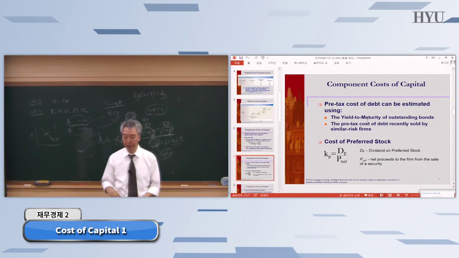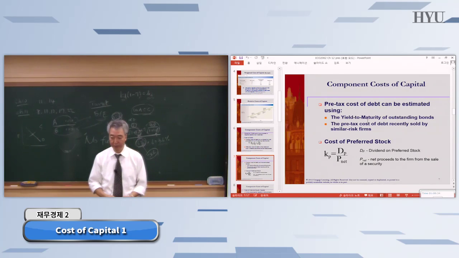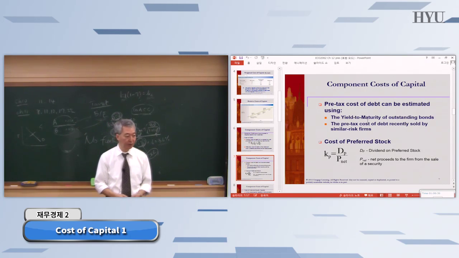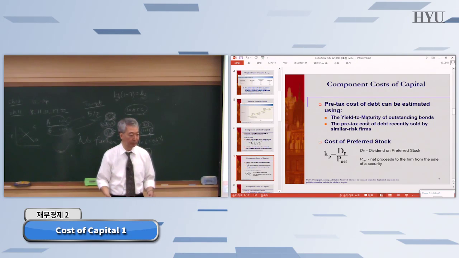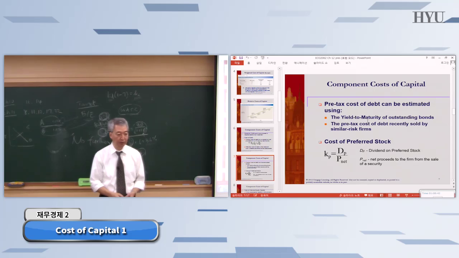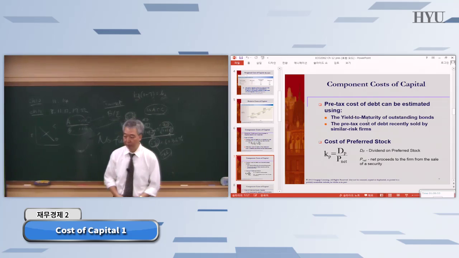In case you don't have any outstanding bonds, and this is the first time you're trying to offer the bond in the market, right? Then how do you come up with this rate? Well, you have no choice. You have to use the pre-tax cost of debt recently sold by similar risk firms. It's like a surrogate idea, right?